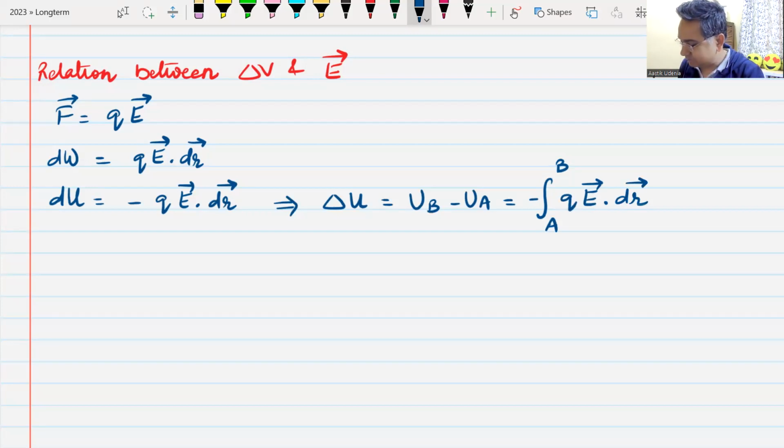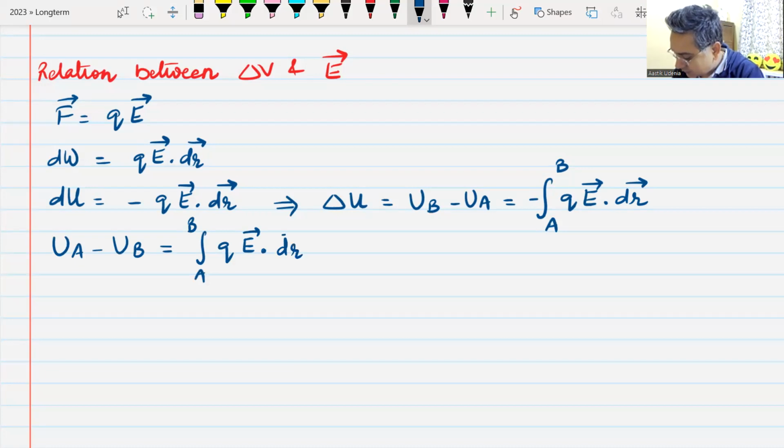Yes, sir. Or I can write UA minus UB, the difference in electrostatic potential energy, as the integral from a to b of Q into E dot dr. Does everyone understand this? Yes, sir.